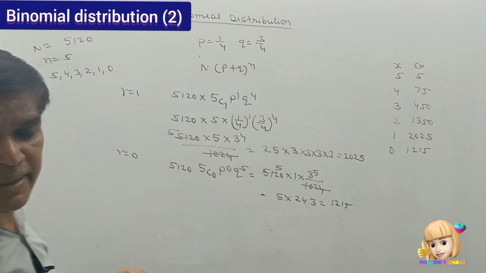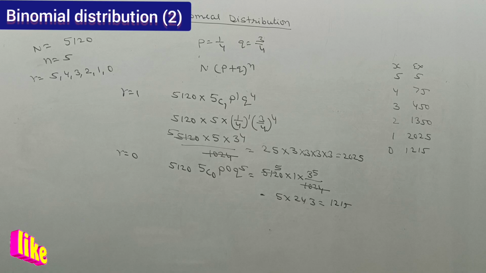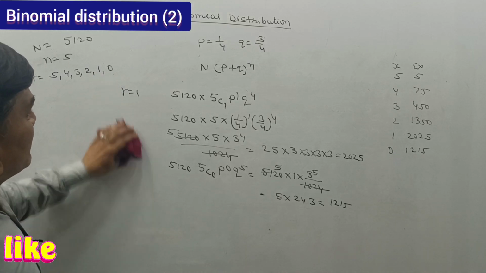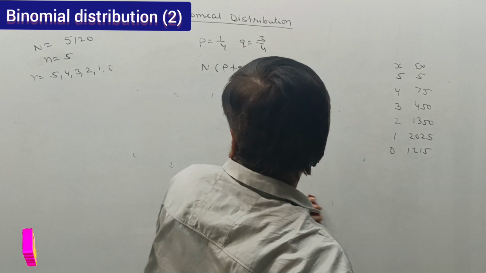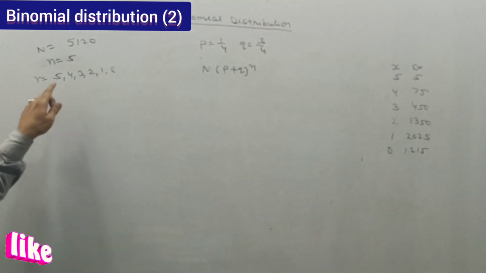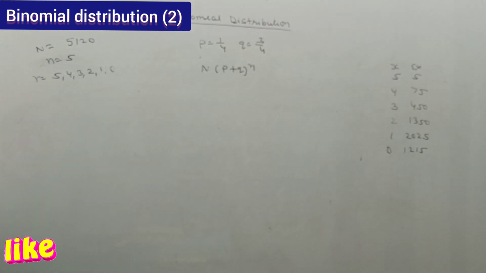Now we can calculate all these. So we are having a farmer buying 5 seeds in each flower bud.